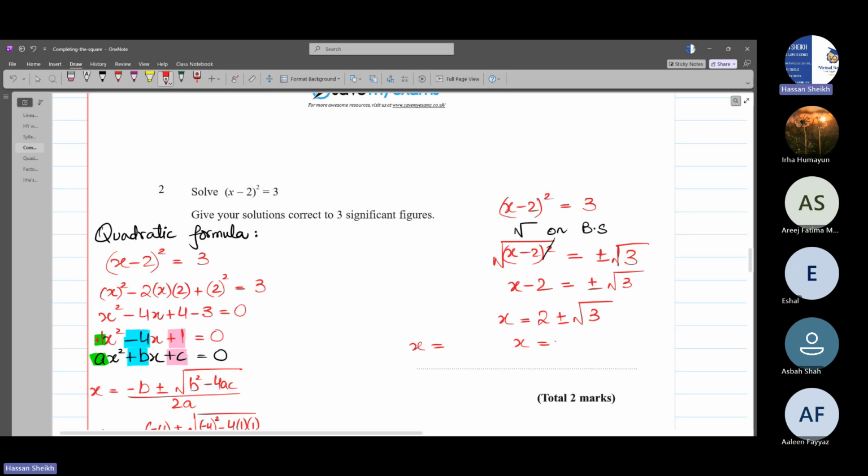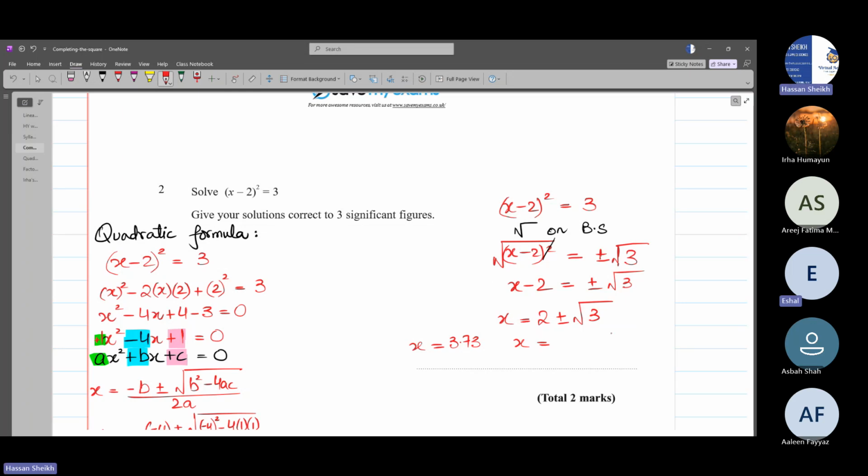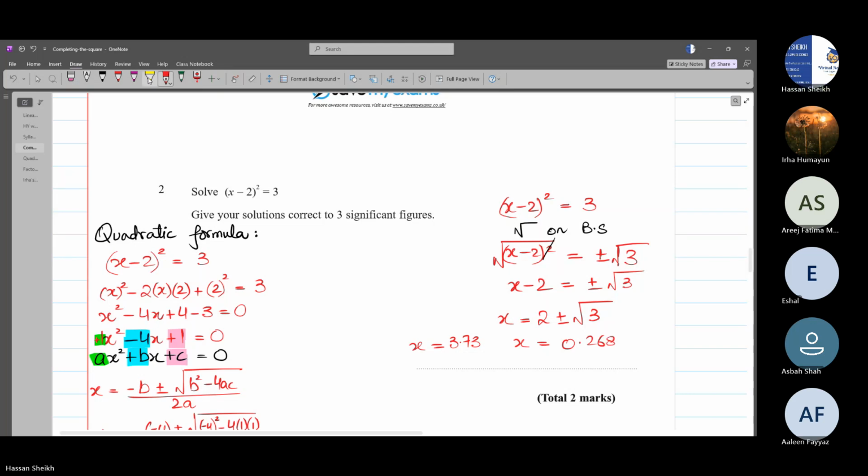So what is 2 plus root 3? 3.732, which will be 3.73. And 2 minus root 3 is 0.267, 0.2679, so 0.268. These are the two answers. Are they same as the other method? Check.